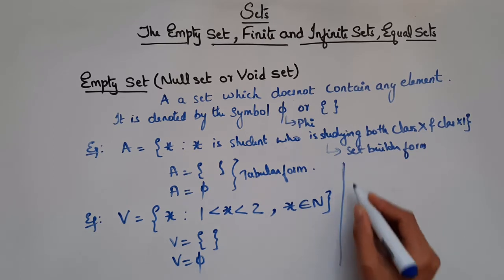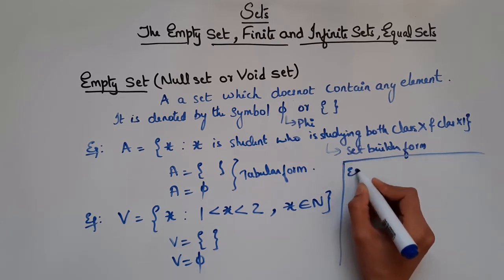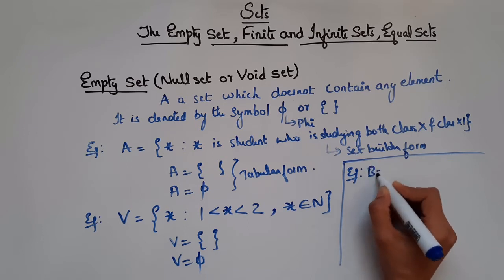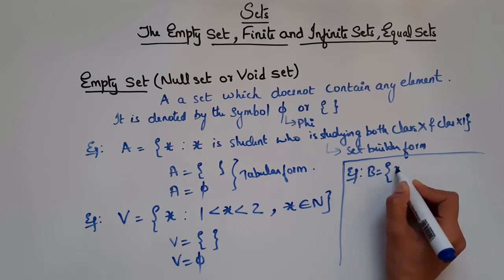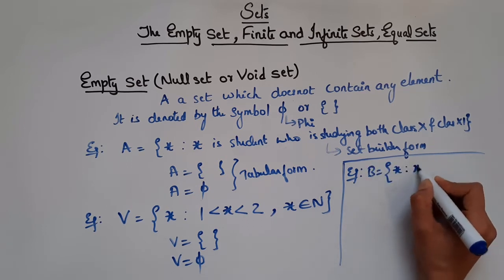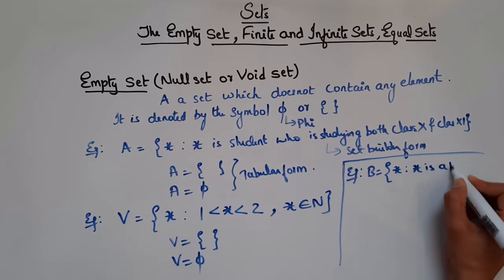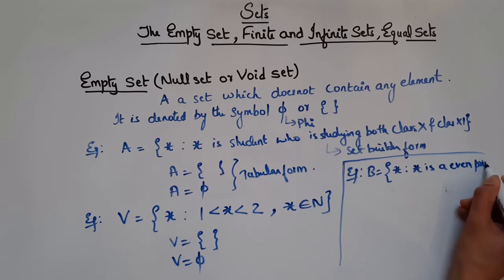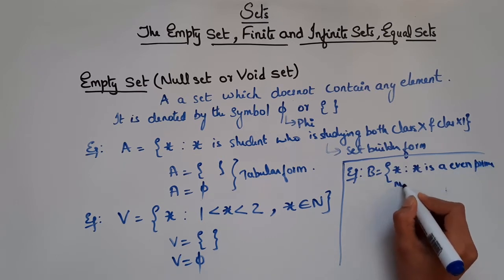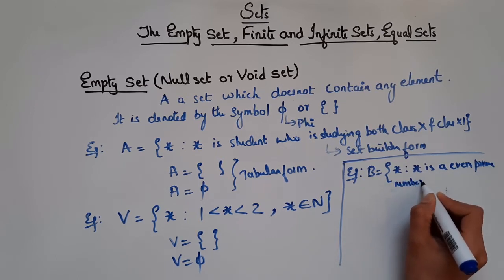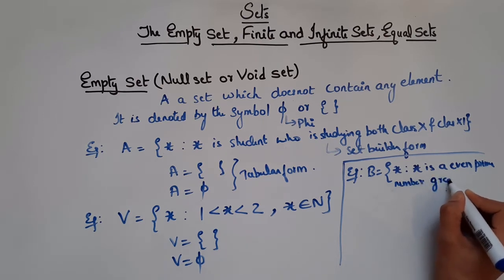Let me give one more example. Let's take a set B where x is the element of set B such that x is an even prime number greater than 2.